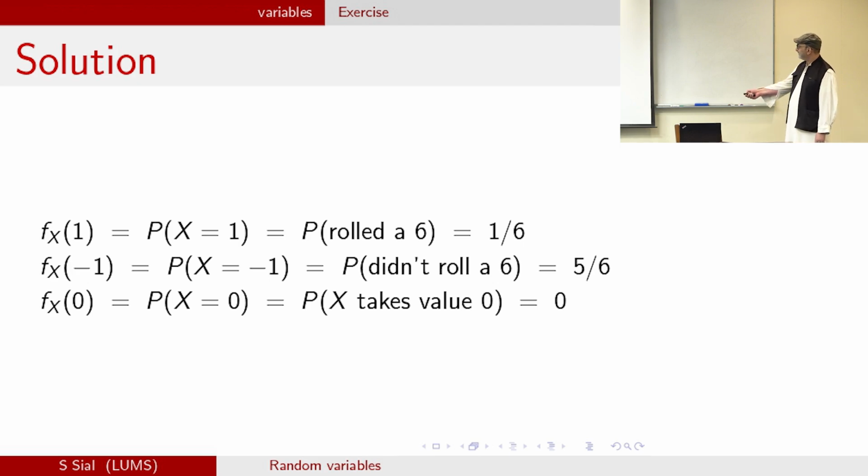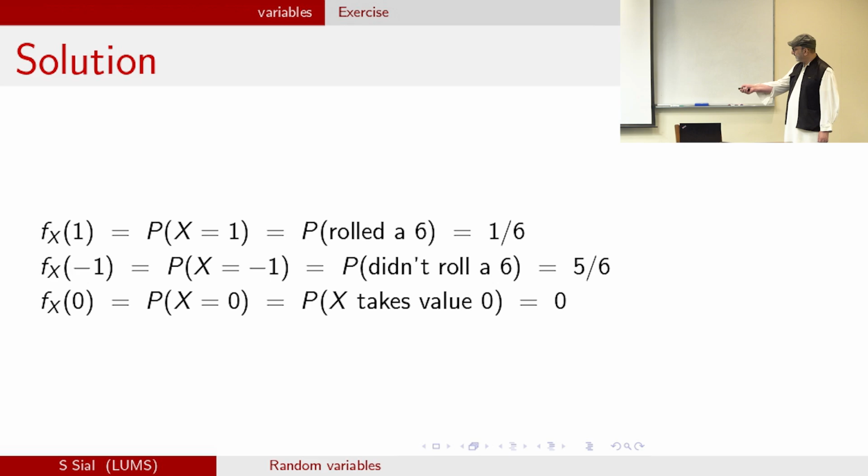Okay, so in our notation now, for the probability mass function for this x, we write f sub capital X. F subscript, the name of the random variable, in this case it's x. So f sub x of 1 means the probability that x equals 1, and we agreed that that was 1/6.